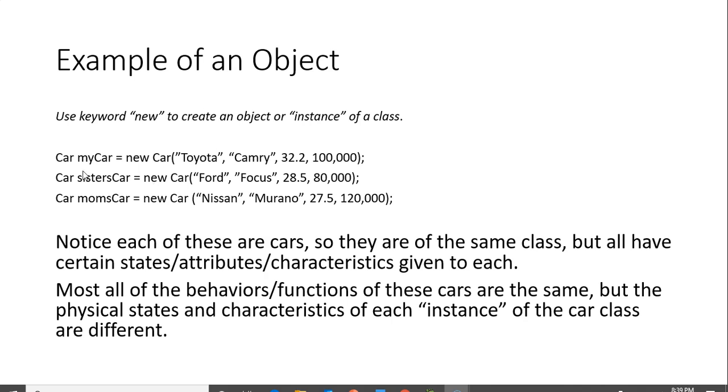And so whether you are writing with a user interface where you can see different graphics and things like that, or you're just creating a program, there's oftentimes when you need to reference specific objects within classes. So notice each of these cars are cars, but all have certain states, attributes, characteristics given to them.